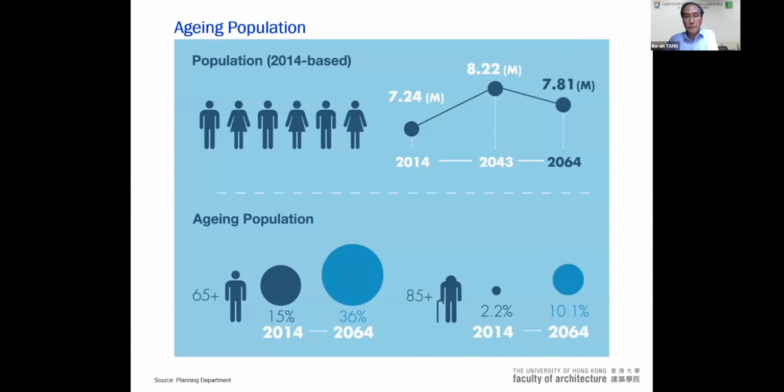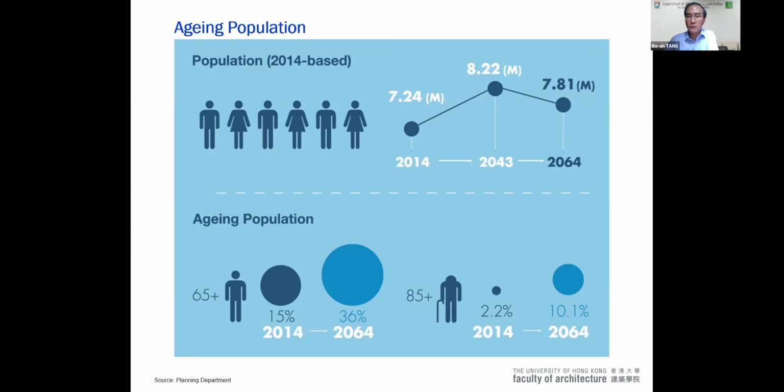So I talked so much about the positive contribution of planning and all the good things about compact city development. Do we have big challenges and problems? The answer is yes. Aging population is one of the big challenges in Hong Kong. Hong Kong is becoming an aging society.